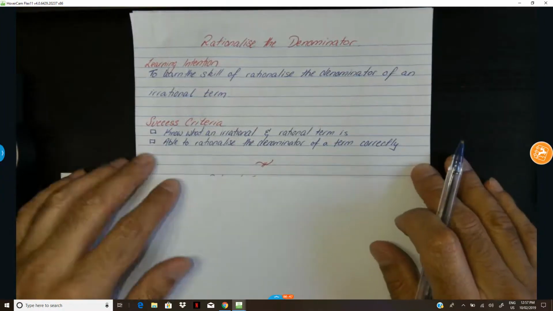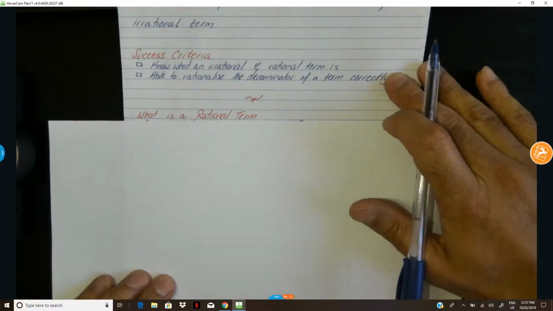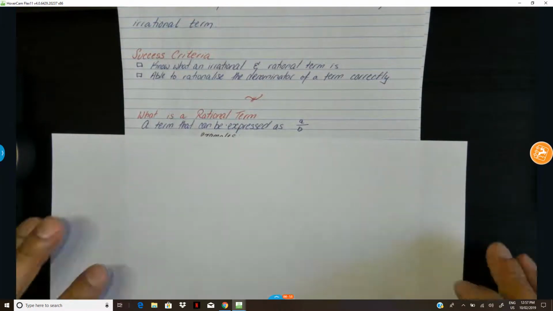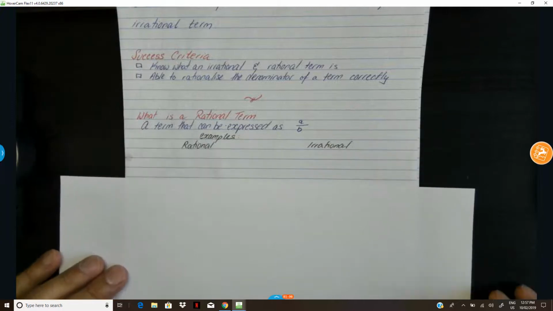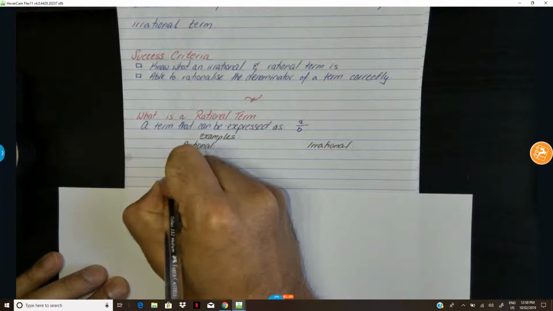So let's start. Okay, so what is an irrational term? What is a rational term? A rational term is a term that can be expressed as a over b. And some examples are like this. So we have the fraction 2/3.